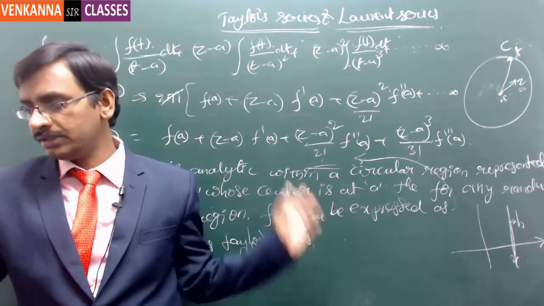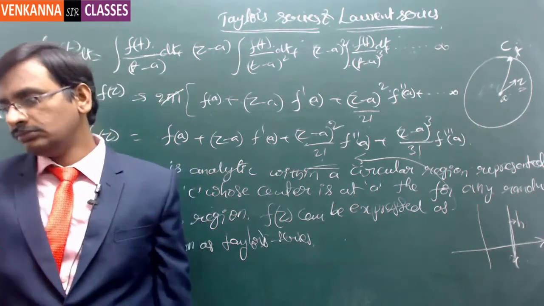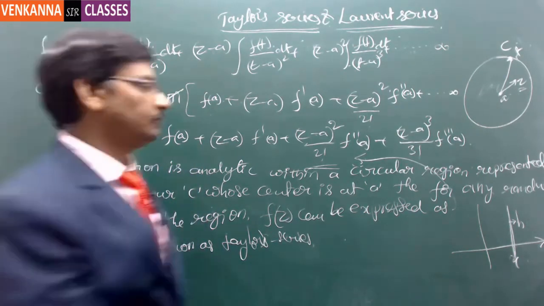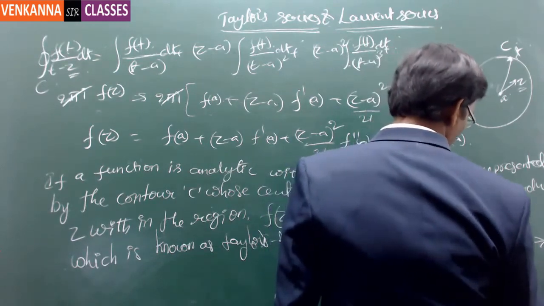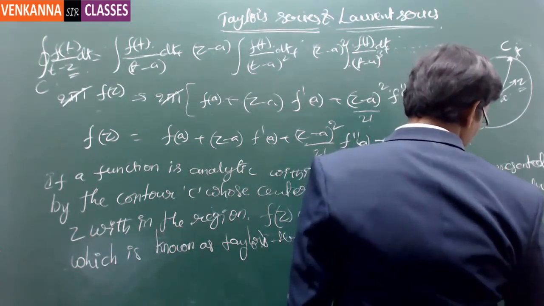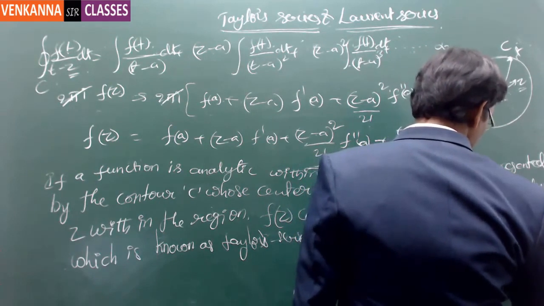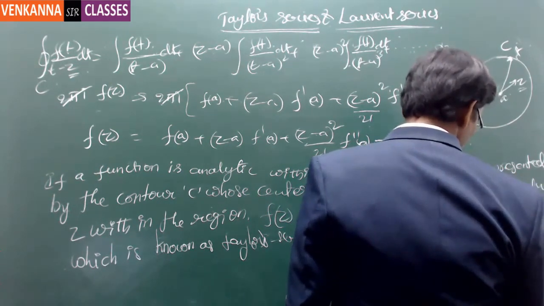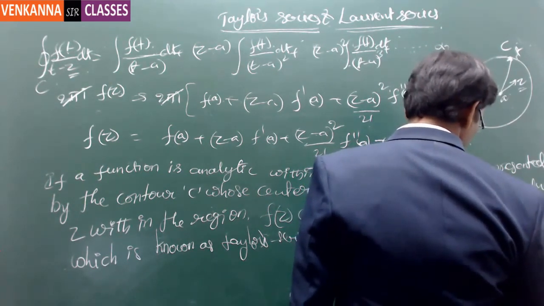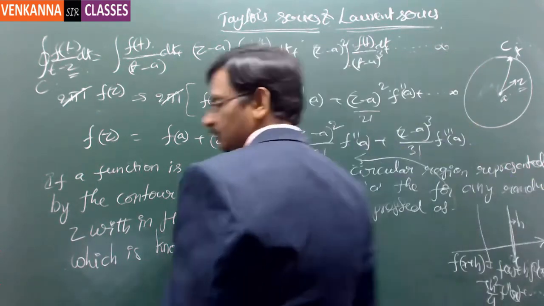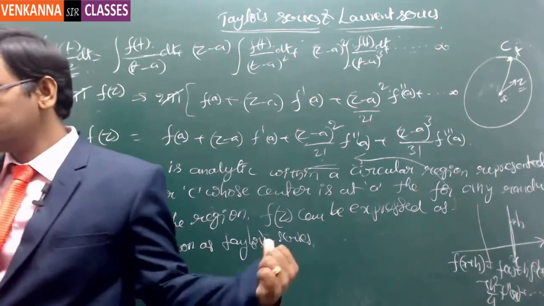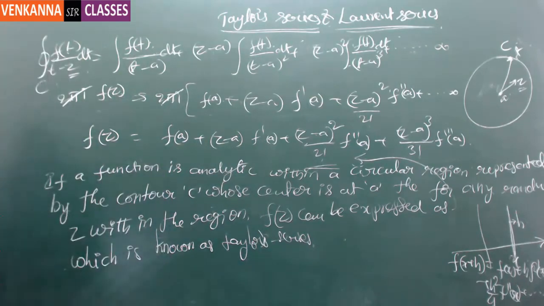You can note down this. So for this, you can express f of x plus h is equal to f of x plus h into f dash of x plus h square by 2 factorial into f double dash of x plus dash dash dash. That is real expansion. This is complex expansion.